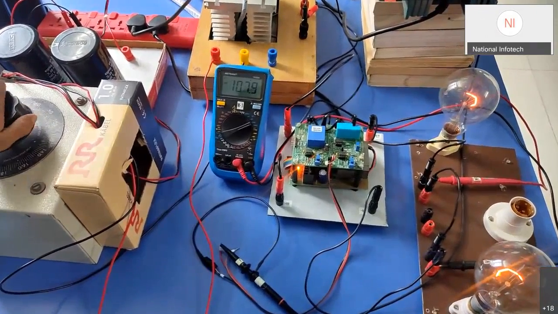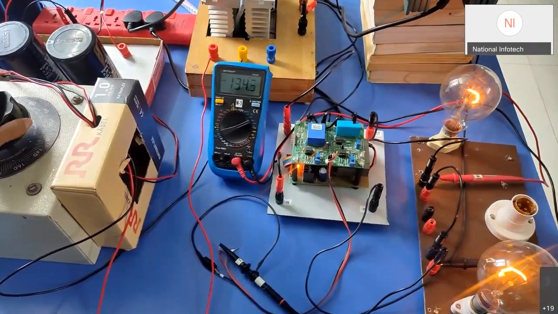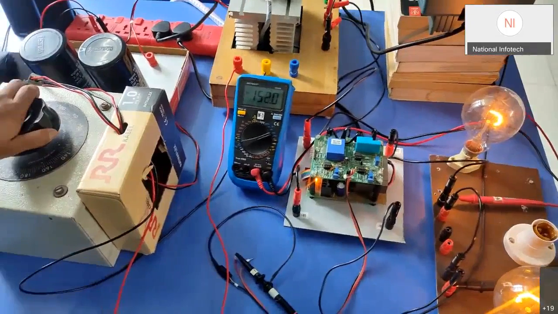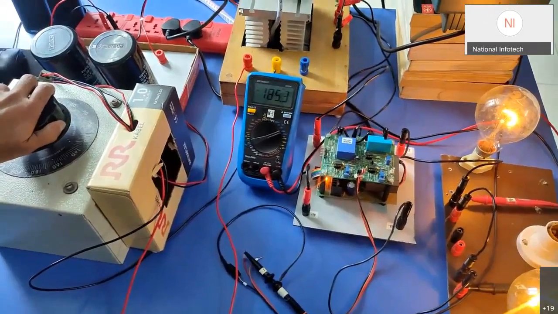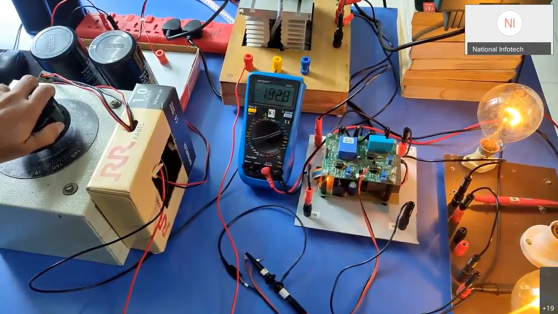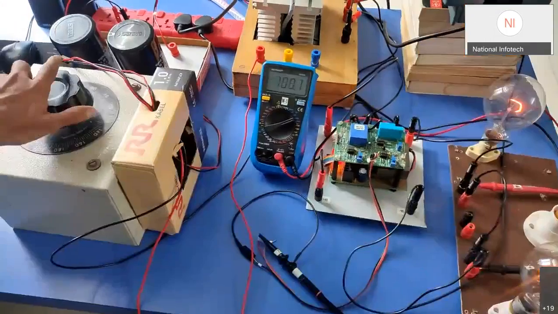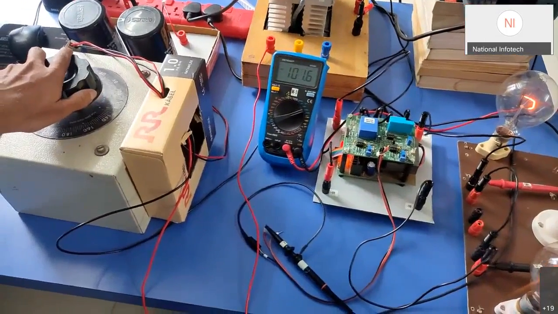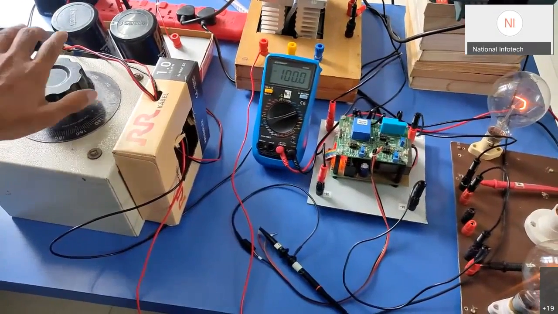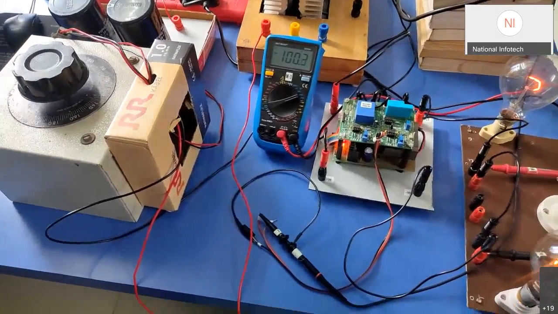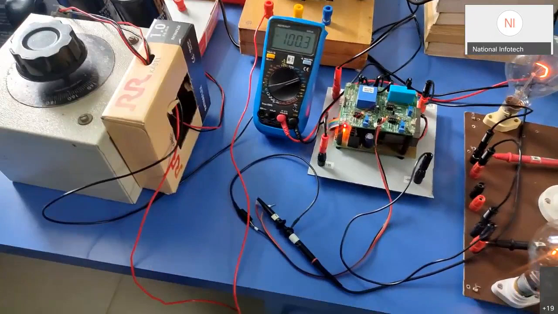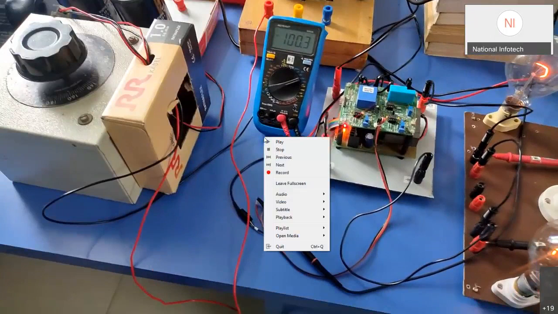As you can see, I'm gradually increasing the DC link voltage by varying the variac. Actually, we will set it for 100 volt first, then we will set it for 200 volt.